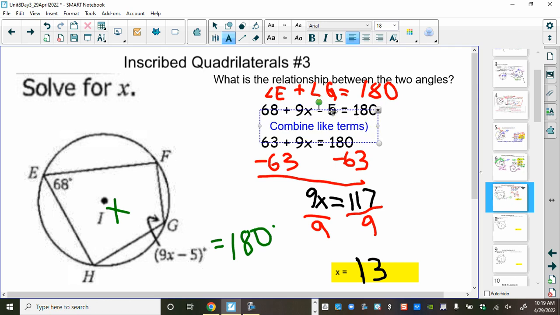That's what you need to do here. Okay, any questions? So the goal is the opposite angles add up to 180. Combine your like terms if need be, and then solve your variable.